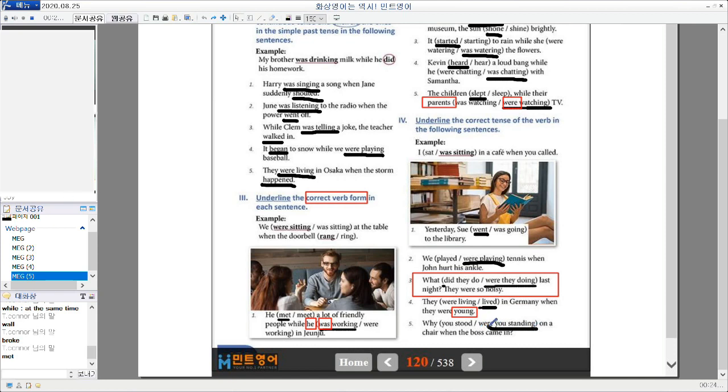Why were you standing on a chair when the boss came in? Okay, good. So it's past continuous. You can also use simple past, but how? How will you say it if it's simple past?